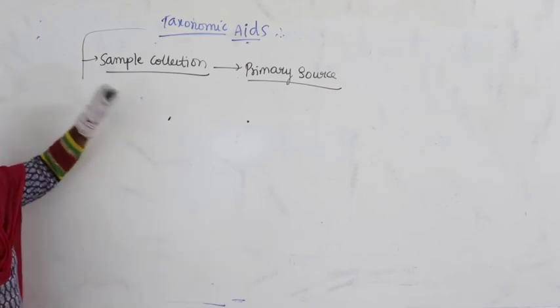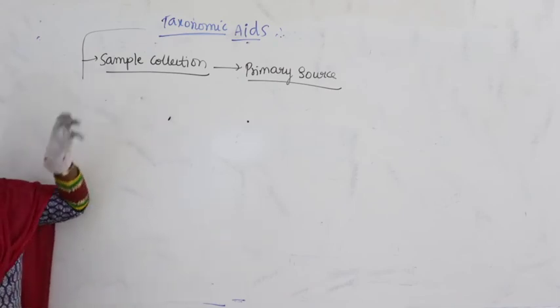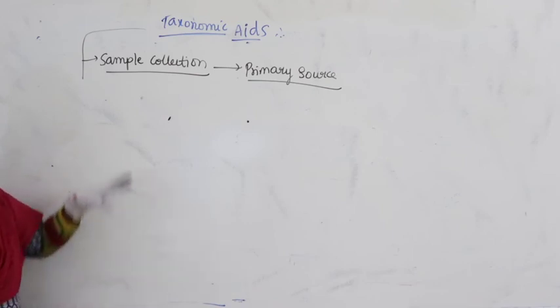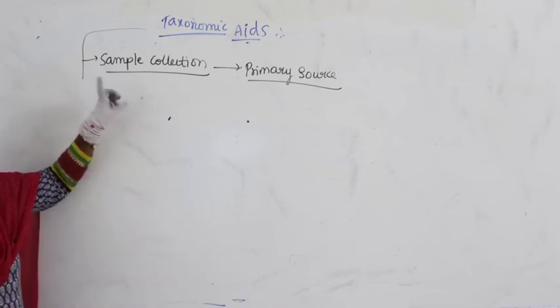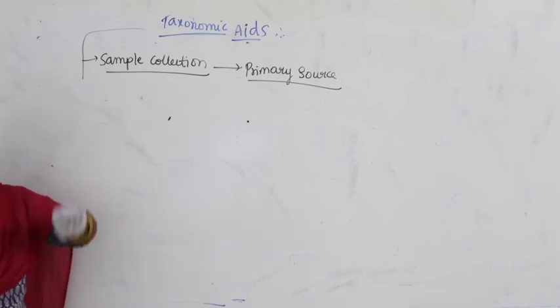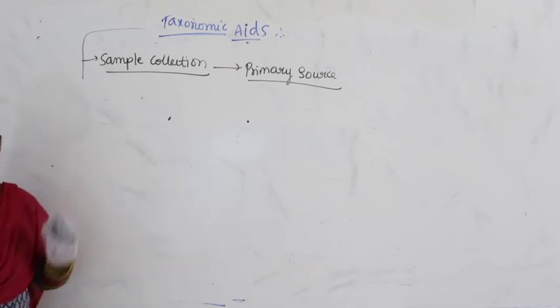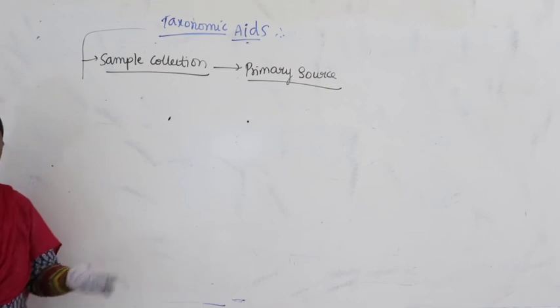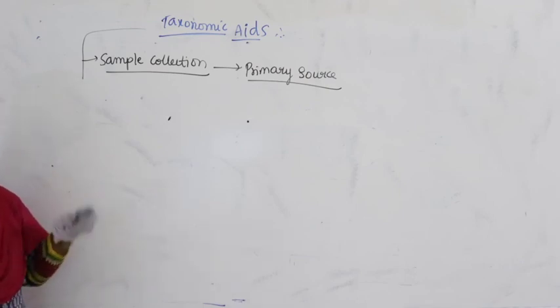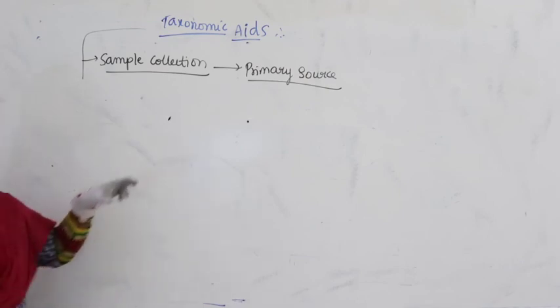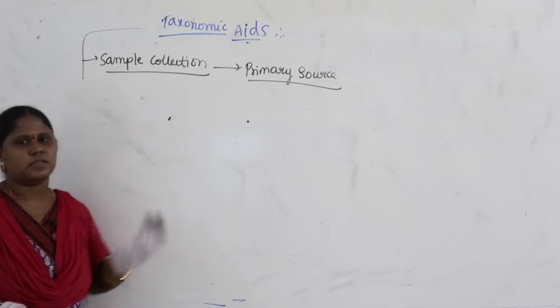So, for anything to study, if you want to know the taxonomic categories, the most important thing is sample collection, the primary source. And how to study that sample? How do you come to know about categories? We have certain methodologies called taxonomic aids.